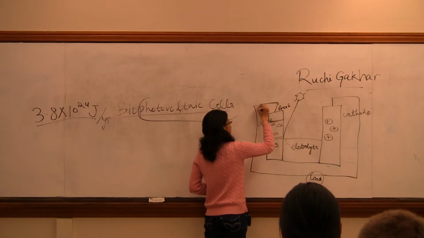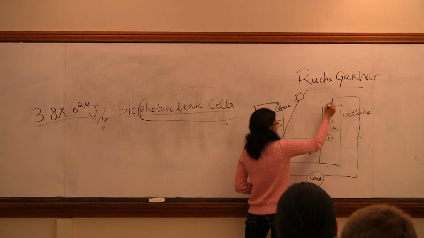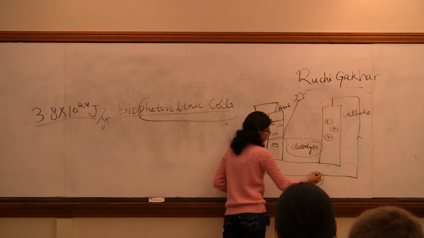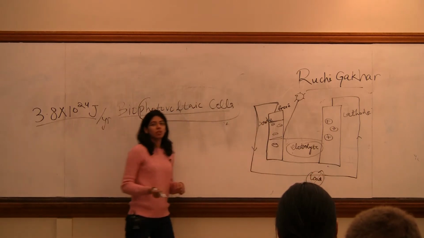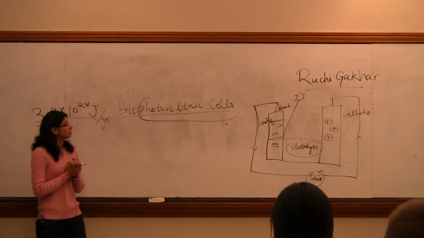These free electrons enter this external circuit and travel towards cathode. And the electrical circuit is completed with the help of electrolyte and the power is generated across this load. So this is how a general photovoltaic cell works.